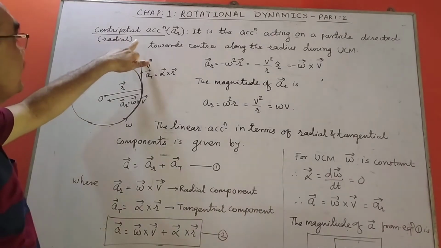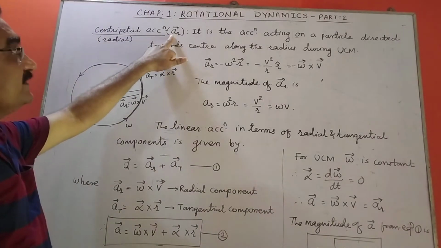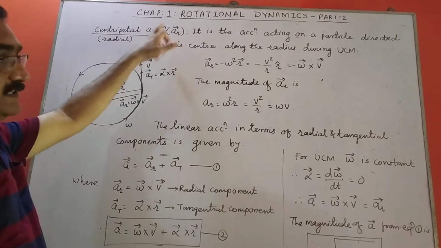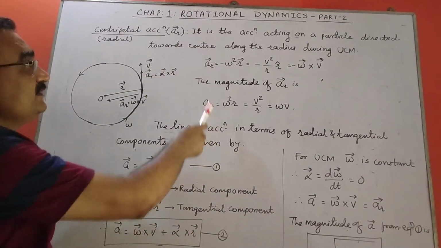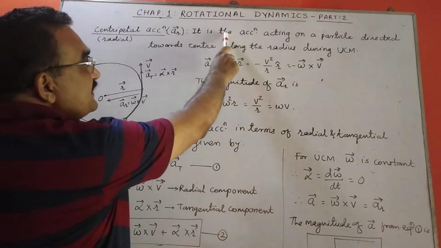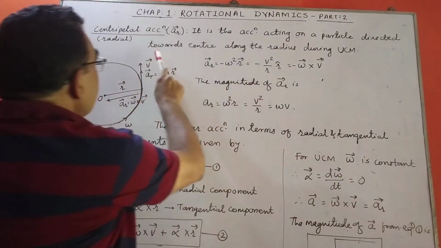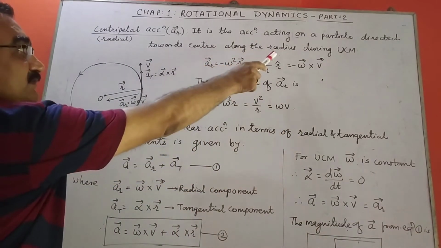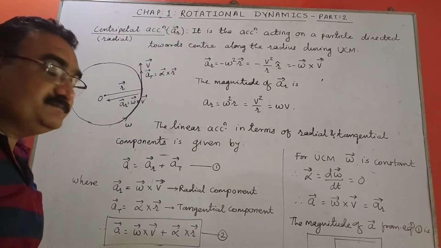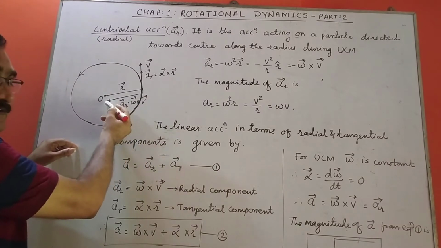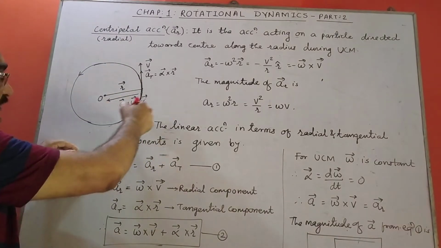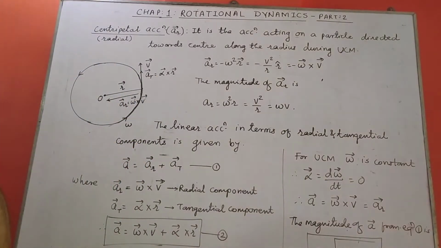Now, the centripetal acceleration vector AR is required for circular motion of a body. Its definition is: it is the acceleration acting on a particle directed towards the center along the radius during UCM.